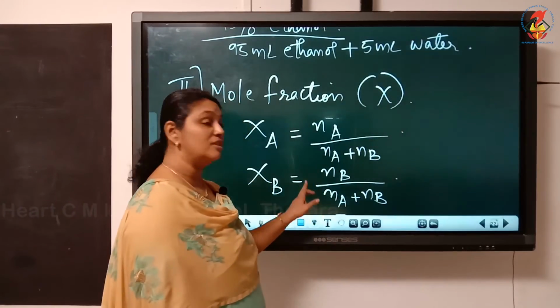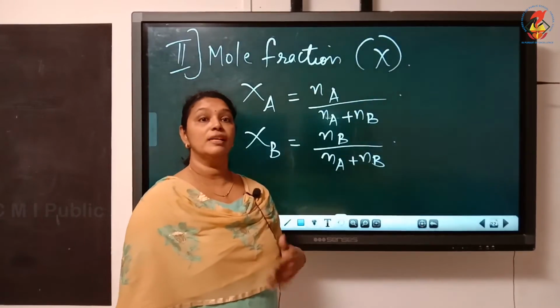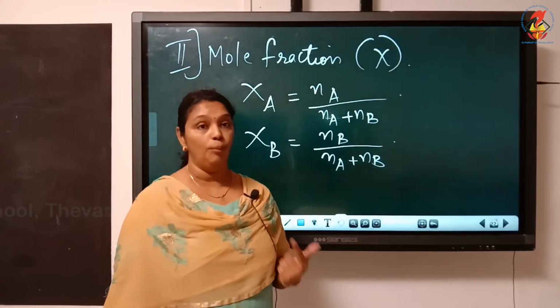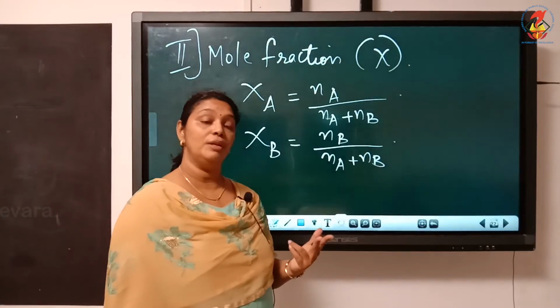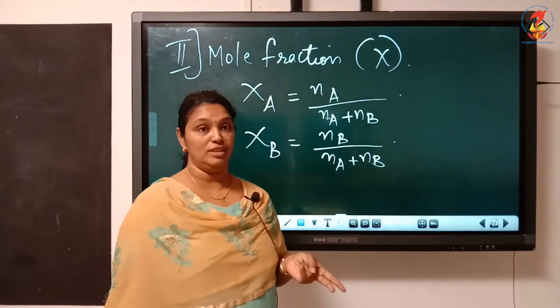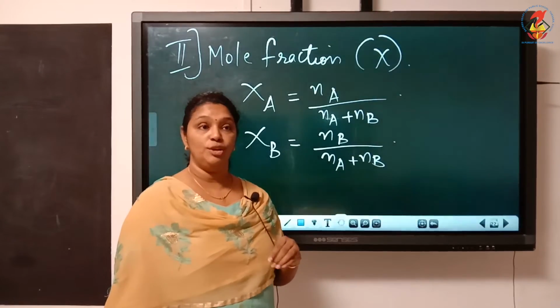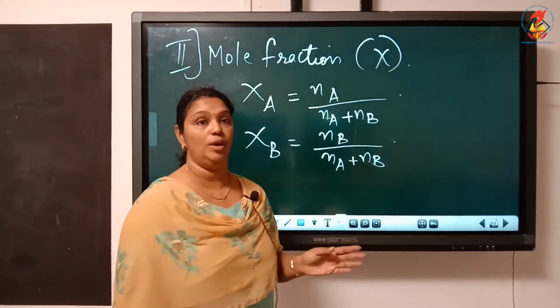Now in a binary solution, we can say the sum of mole fraction of all the components is equal to 1. Binary solution means we have only two components, solute and solvent. So in a binary solution, the sum of mole fraction of solute and solvent is equal to 1.